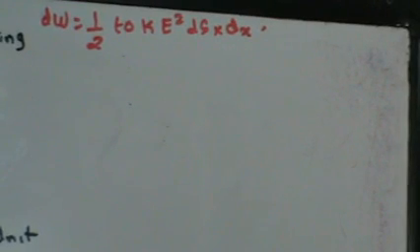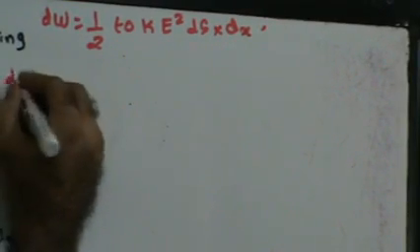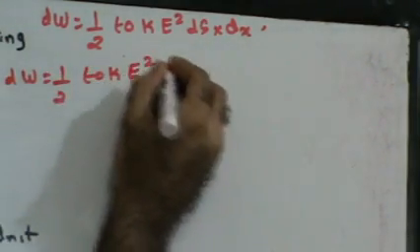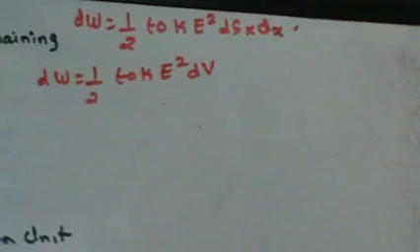Area, dS is the area, dx is the length. Area into length is nothing but volume. Therefore I can say that work done is half epsilon 0 k E square into dV, right? So this is going to be the work done.